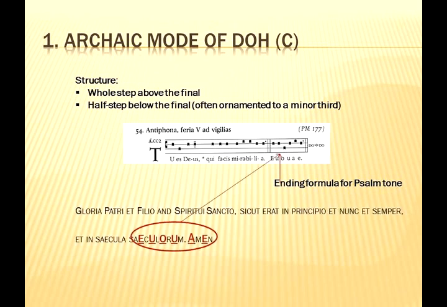The verse is Gloria Patri et Filio et Spiritui Sancto, sicut erat in principio et nunc et semper, et in saecula saeculorum. Amen. So the doxology ends with the words saeculorum. Amen, which contain the vowels E, U, O, U, A, E.